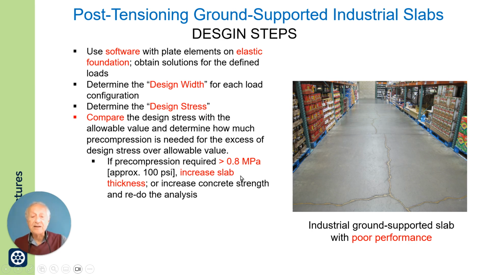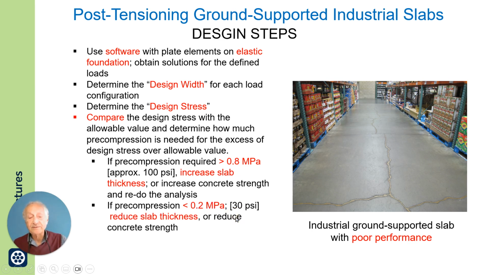It means the slab thickness you have assumed is too little, or the concrete strength is too little. If the pre-compression required by your calculation is less than this value, then you reduce the slab thickness. The slab thickness you have assumed can economically be reduced.